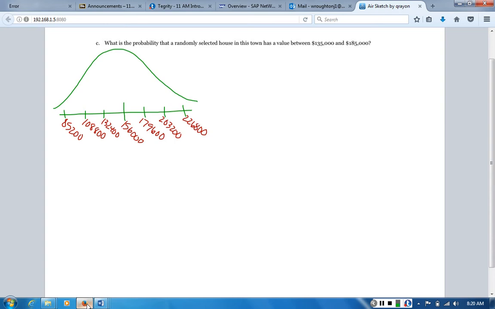And this time it's asked for the 135,000 and 185,000. So 135,000 is about right here, and our 185,000 is right about there. There we go. And so we're going to shade everything between those two.